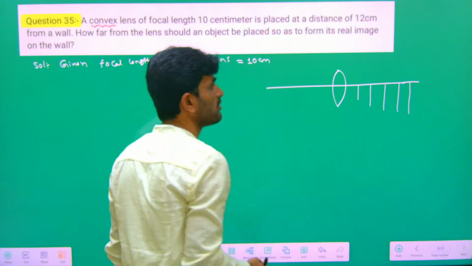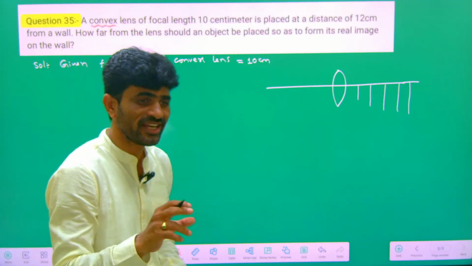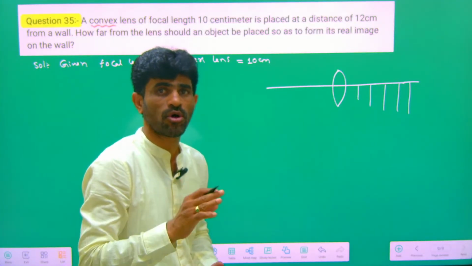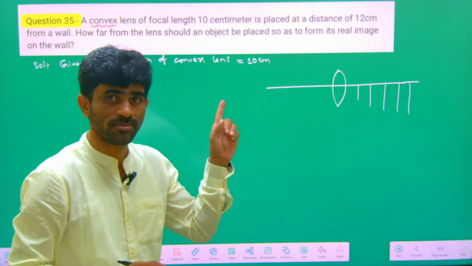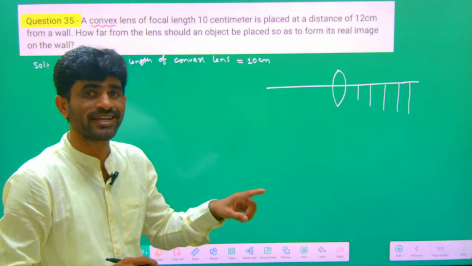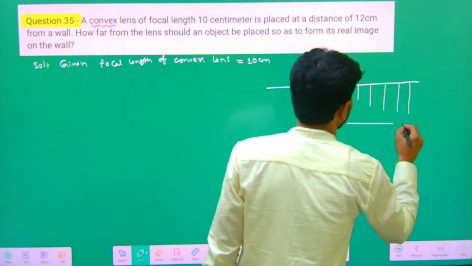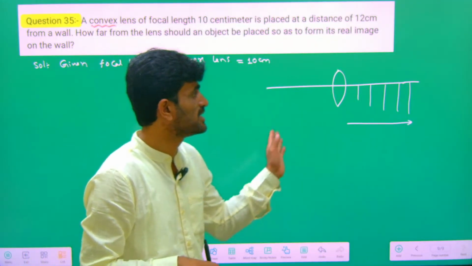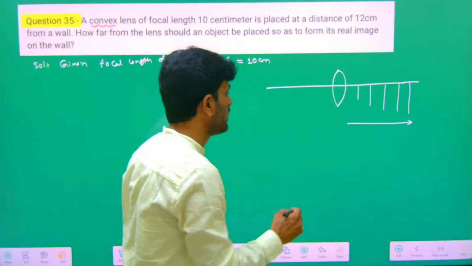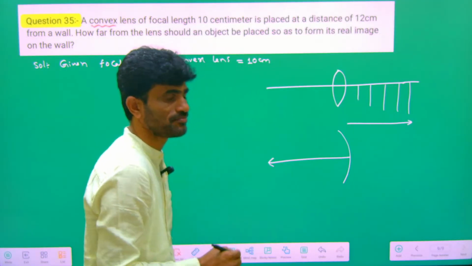All these real and inverted images can be obtained on the wall. Only real images can be captured on the wall or on the screen. So because the image is forming on the wall, it is a real image. When it is a real image, it should be taken on the right side, because in a lens real images form on the right side. In a mirror, real images form on the left side.